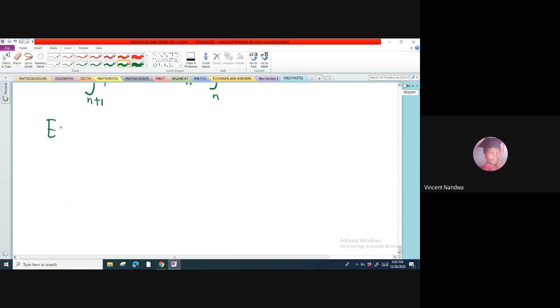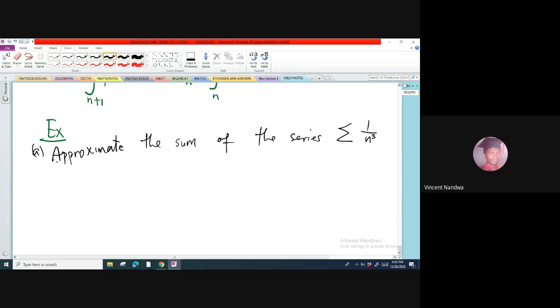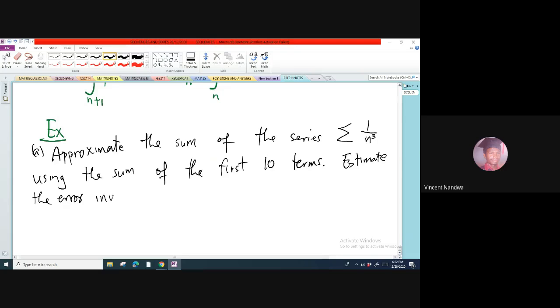So example: approximate the sum of the series using the sum of the first 10 terms, then estimate the error involved in this approximation.